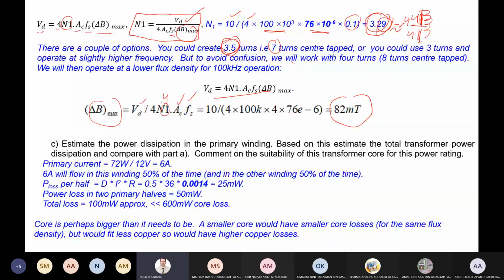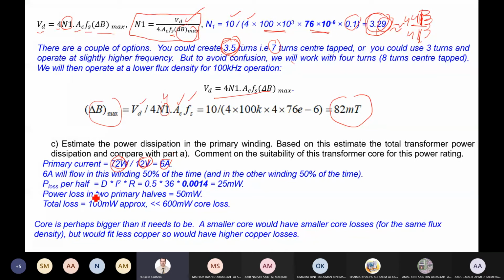Next, he asked me to estimate the power dissipation in the primary winding. I think the previous part is clear, just a formula we substitute to find it. Now in the primary winding, to find the current, the average power over the average voltage gives me the current. It's DC, 6 ampere.